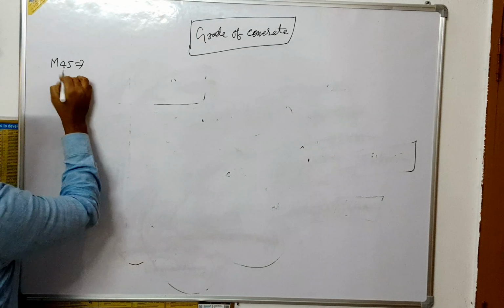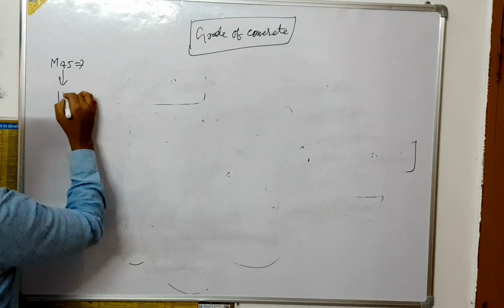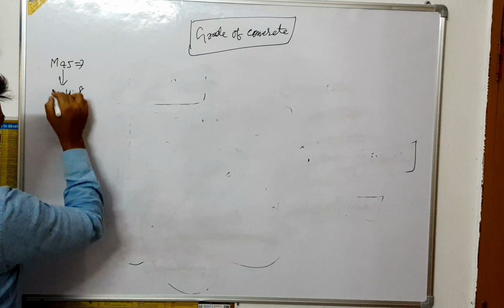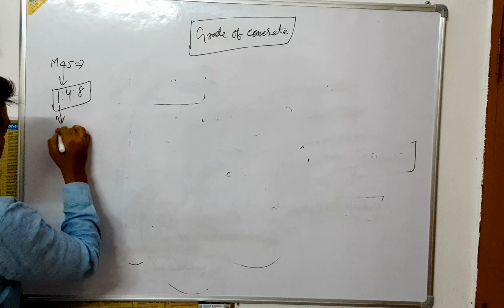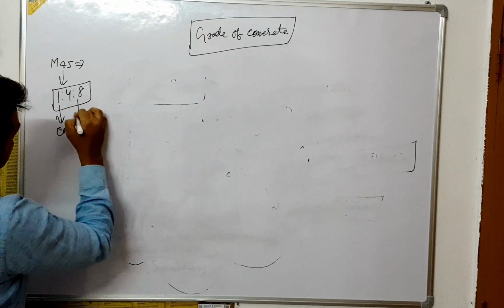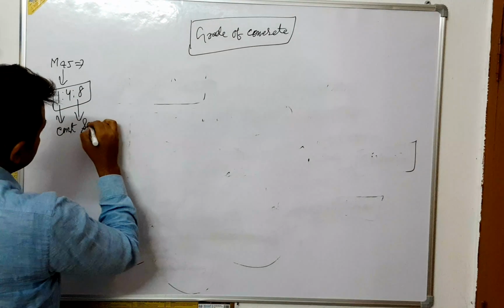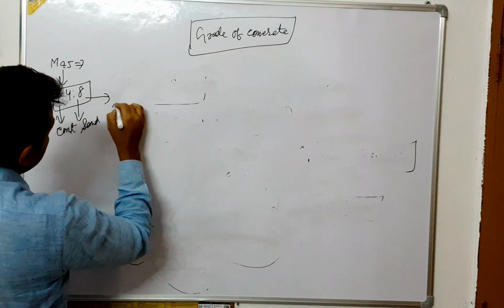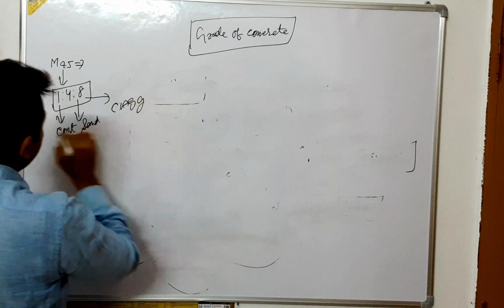The proportion of M7.5 is 1:4:8. 1 shows the cement, 4 shows the sand and 8 shows the coarse aggregate.